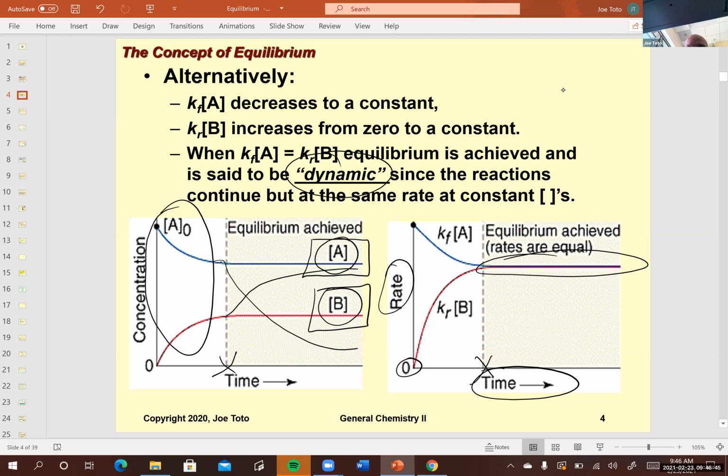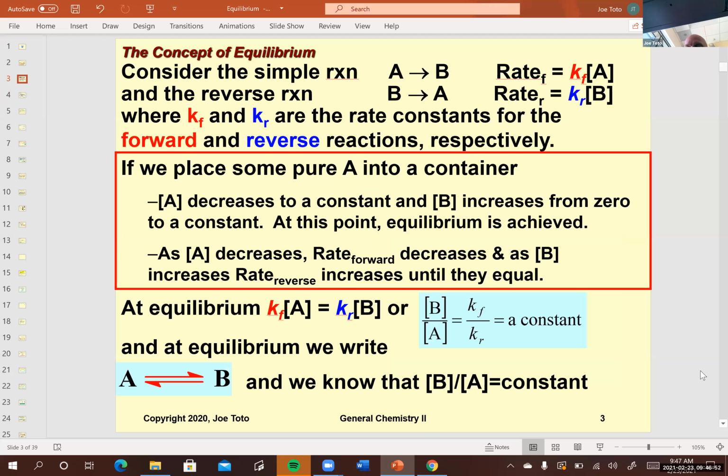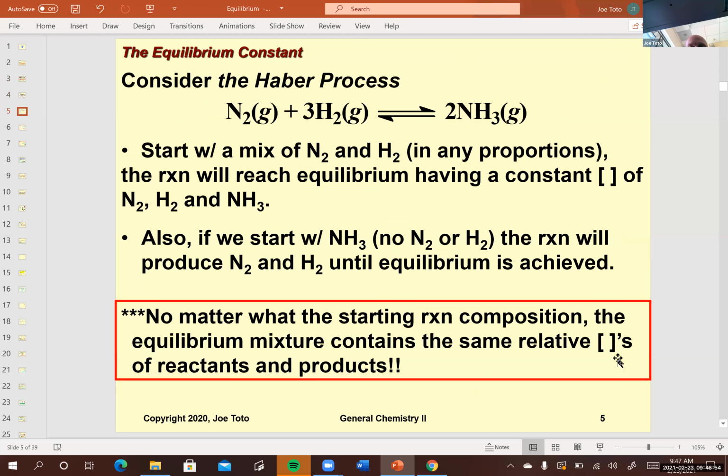For example, if we look back here, we can look back or forward, it doesn't matter. Let's go forward. If this reaction reaches equilibrium, we represent that by the double arrow or something that looks like this sometimes, or one of those versions of that double arrow. That means that that reaction reached equilibrium.